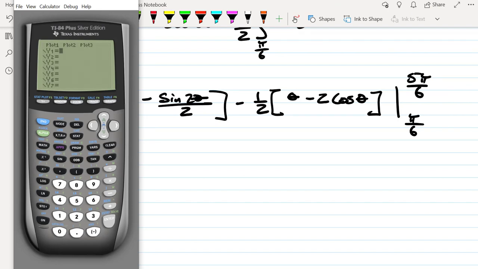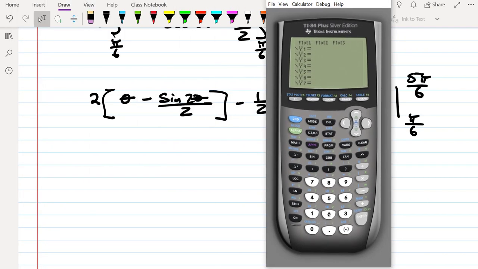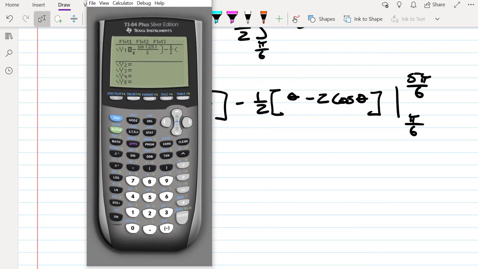So if we put our y equals, we get 2 times x minus the sine of 2x over 2 minus 1/2 times x minus 2 cosine x.